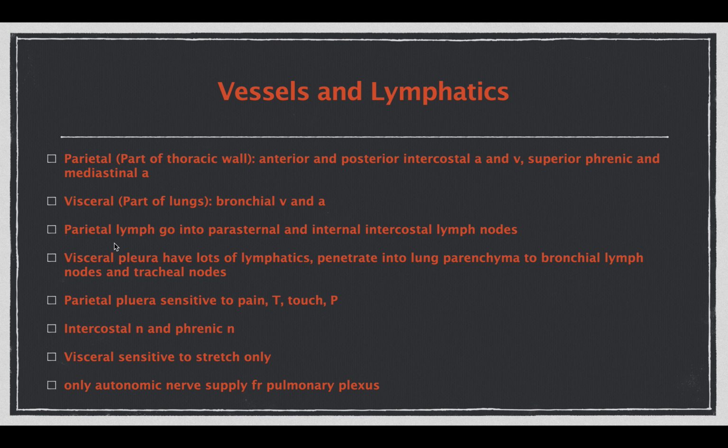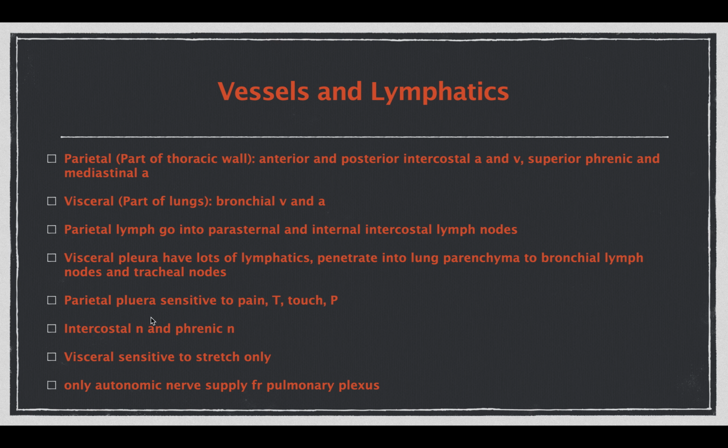The parietal lymph will go into the parasternal and the internal intercostal lymph nodes, and then usually that drains into the inferior vena cava. And the visceral pleura have a lot of lymphatics, and those penetrate deeply into the parenchyma, to the bronchial lymph nodes, and the tracheal lymph nodes.